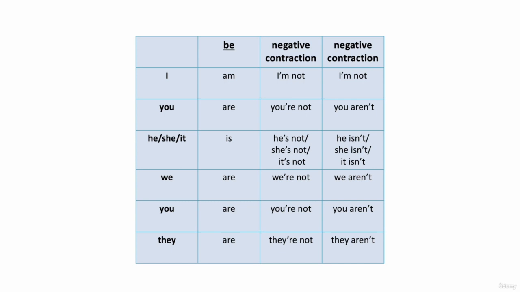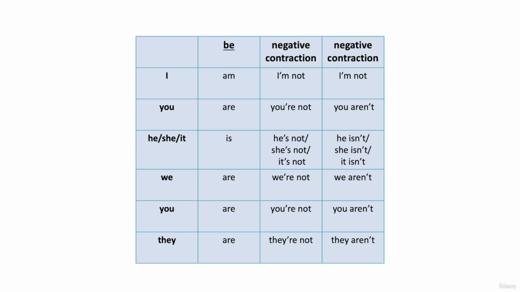You're not, you aren't. With he, she, it, we can contract the negative form as follows: he's not, he isn't. She's not, she isn't. It's not, it isn't.